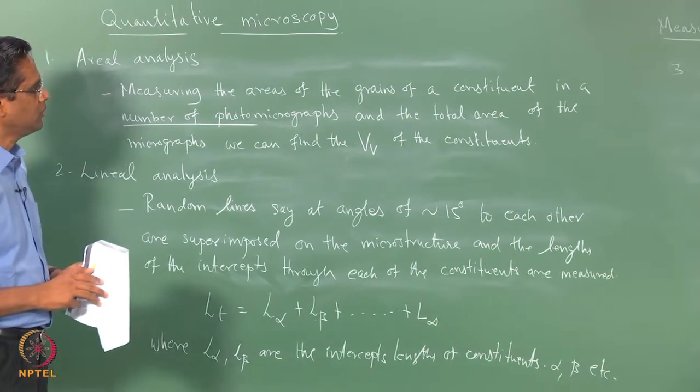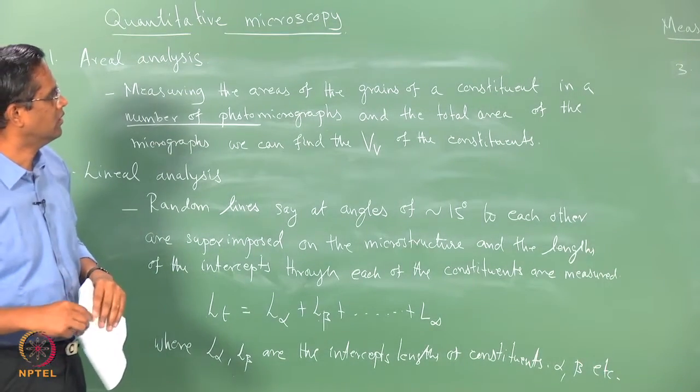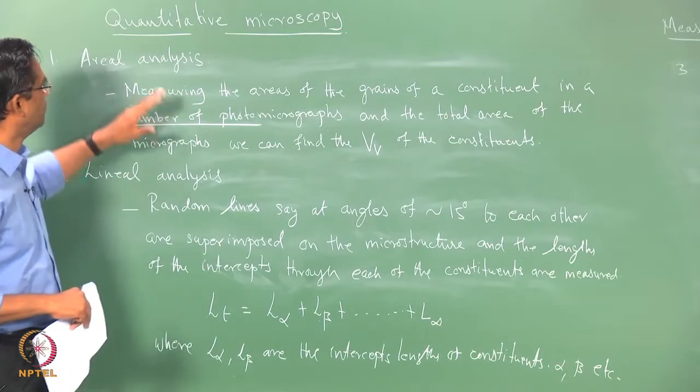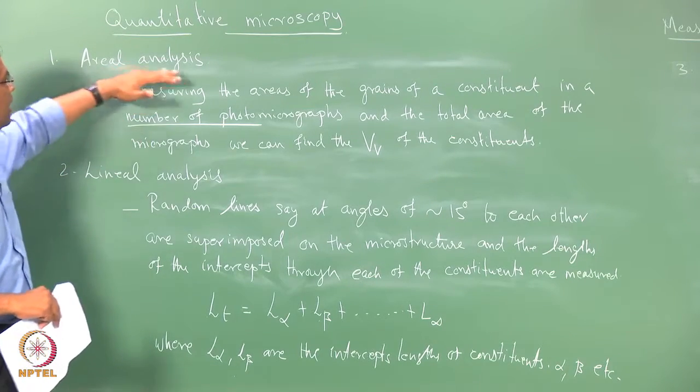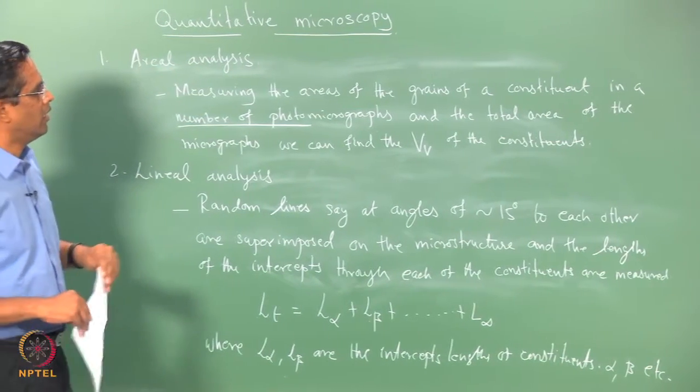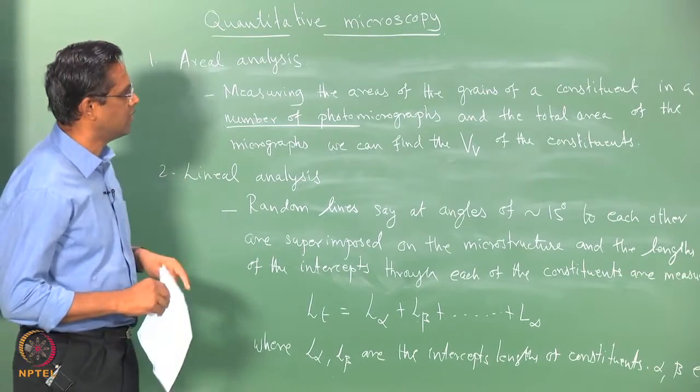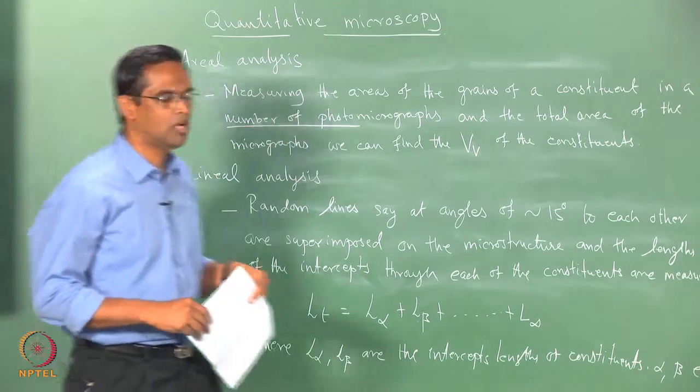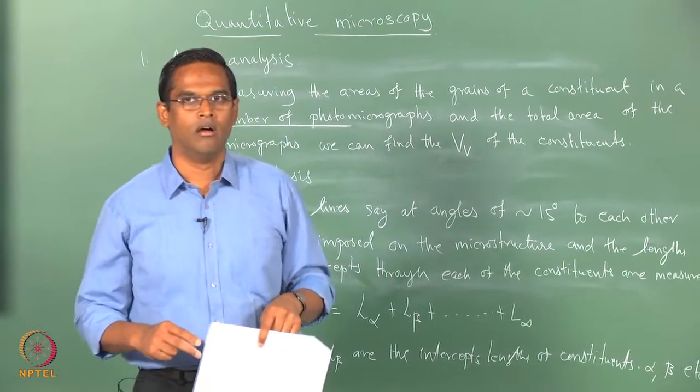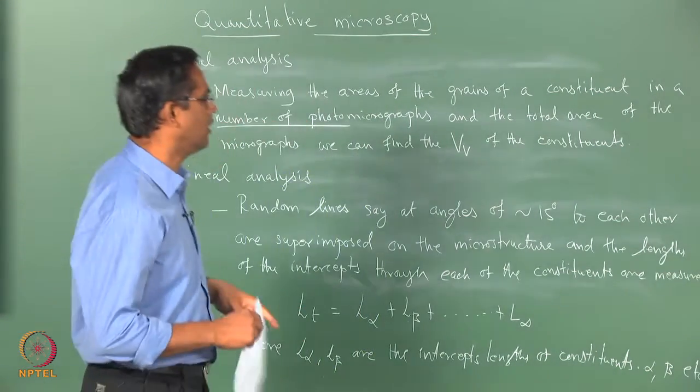Okay, so this is the first technique in quantitative microscopy. The next one is we will look at some of the procedures or definitions of finding out the grain size.